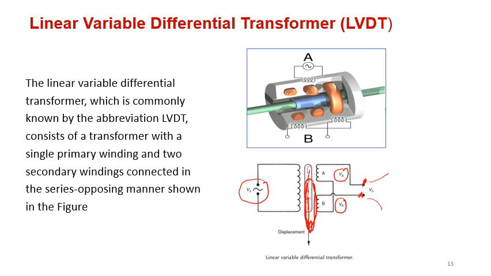When it's at this position, you are going to find that the magnetic field crossing from the primary to secondary A is going to be very low, because it's going to go through the air, and the air acts like high resistance to the magnetic field, as compared to the other one, where the magnetic field goes through the core, through this piece, which I shaded by red color.